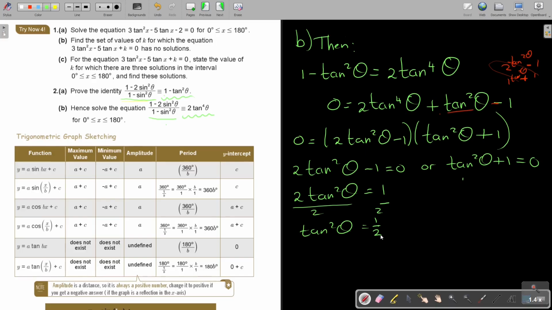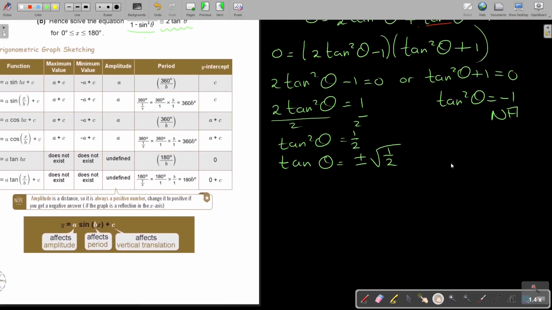Or tan square theta equals negative 1, and this is a problem because now I cannot take the square root of a negative, so I just say not applicable. That one stops. This one goes on. So now I can take the square root of plus minus a half. So tan theta equals plus square root a half, or tan theta equals negative square root a half.